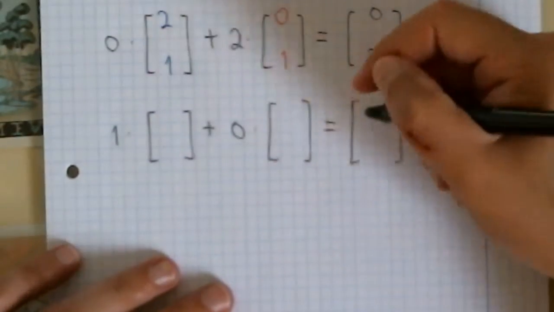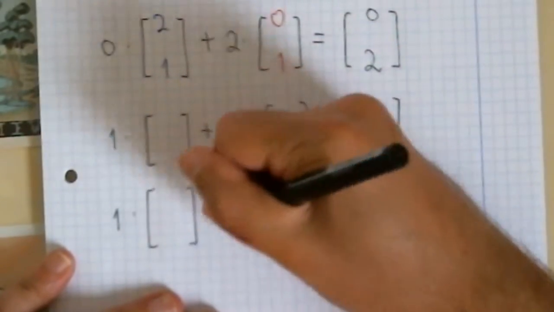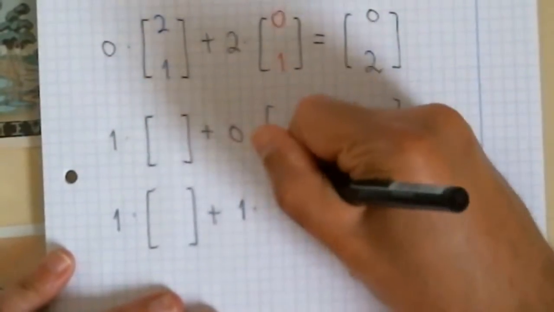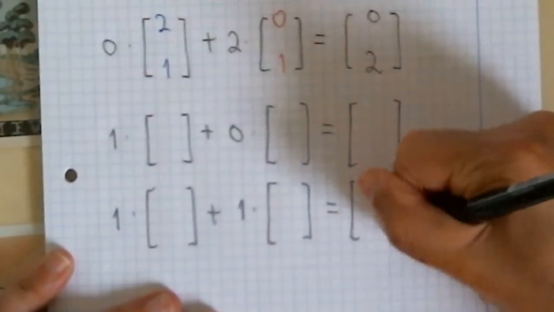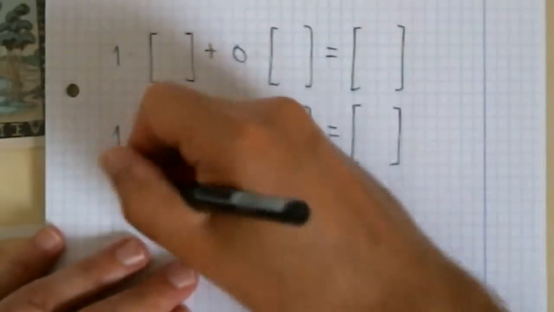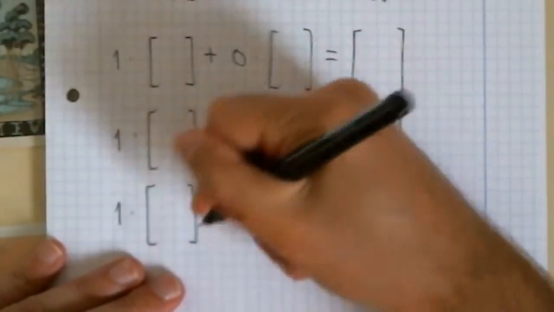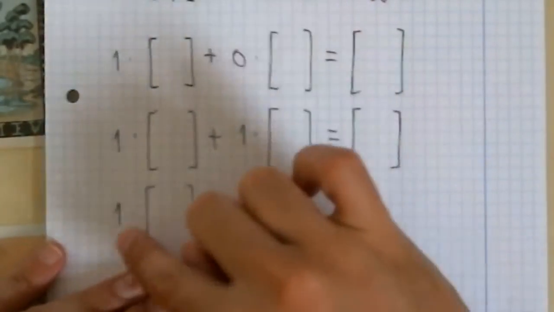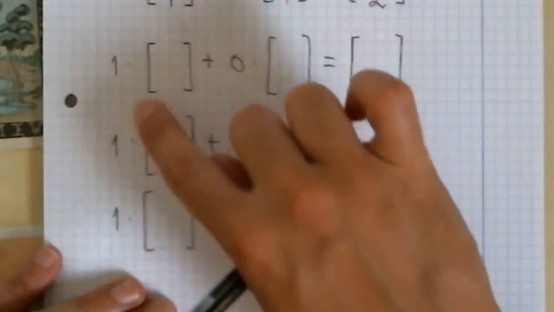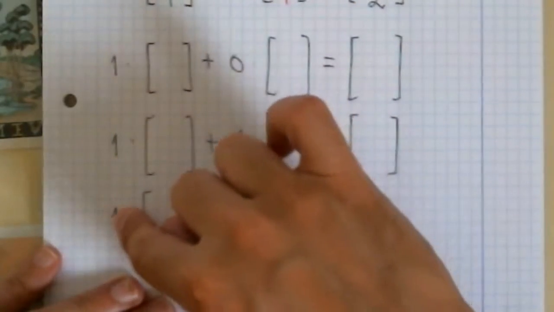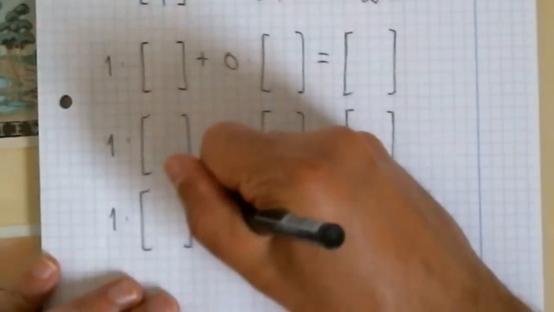I'm just preparing so it will be easier for us. 1 times the blue component, plus 1 times the red component, equals something. And lastly, 1 times the blue component. It's not the last combination we will try, it's the last combination with C equals 1. You remember? C equals 1, C equals 1, C equals 1, and D equals 0, D equals 1, D equals 2.